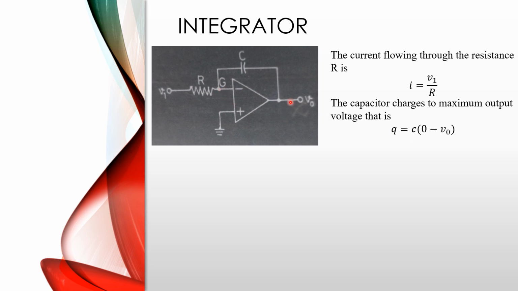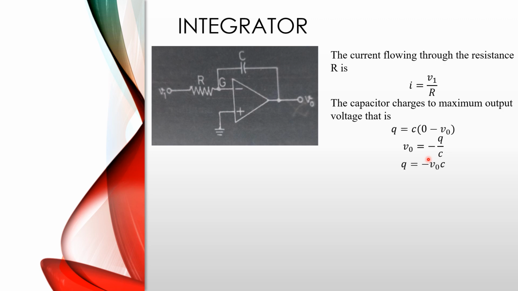The G point value is 0 and the V0 point value is V0. So we can write 0 minus V0. So Q equal to C into (0 minus V0), that is Q equal to minus V0C, that is V0 equal to minus Q by C. So this is the capacitor charging to the maximum output voltage.